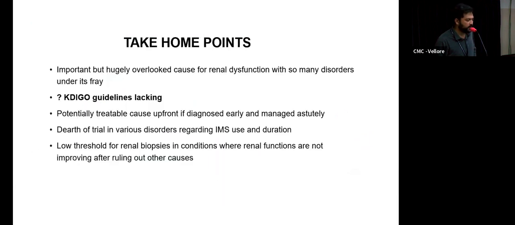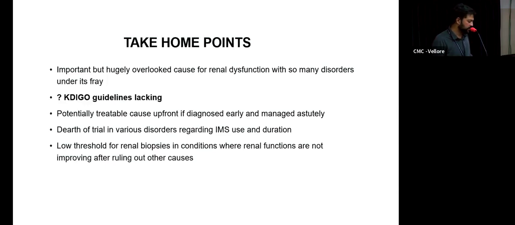So mainly the take-home points I wanted to give you are that this is an important set of disorders but hugely overlooked as a cause of renal dysfunction, because so many disorders are underdiagnosed, and KDIGO guidelines are also lacking. If you go to the website, you can see almost all guidelines for transplant, CKD, and ADPKD, but there's nothing on this.